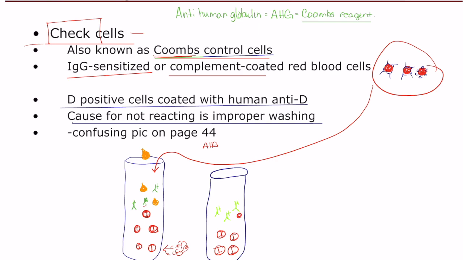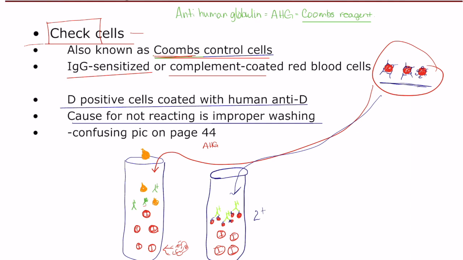So if we have these cells here and they had that anti-D or immunoglobulin all over it, that anti-human globulin is now attaching to it and causing agglutination that we can see. So these are used to make sure that anti-human globulin is in there and still active and it works. So we should get, you know, roughly a 2+ reaction when we add this.